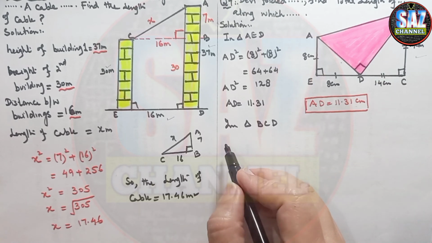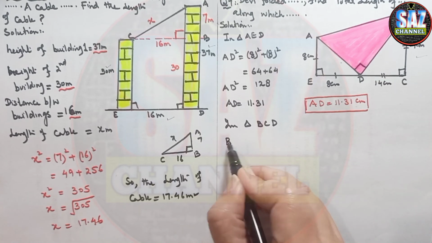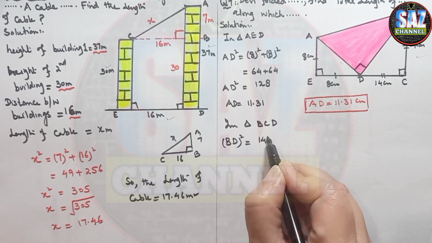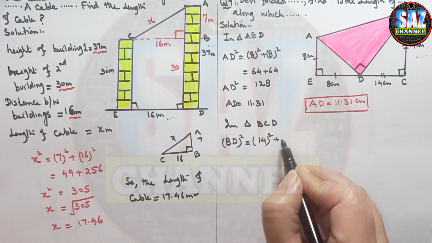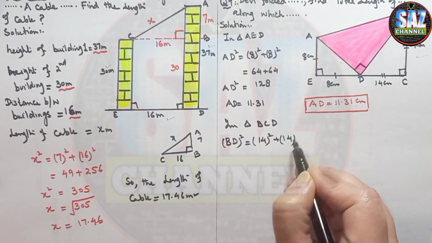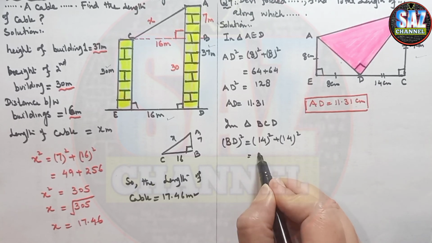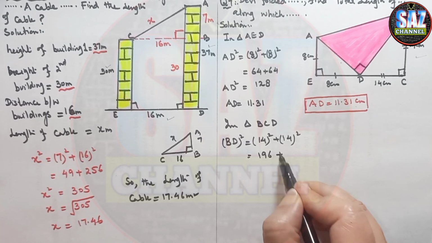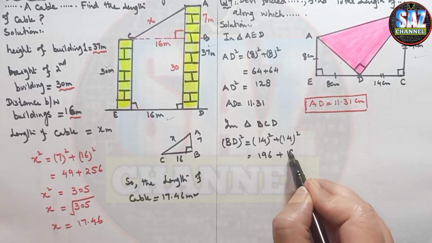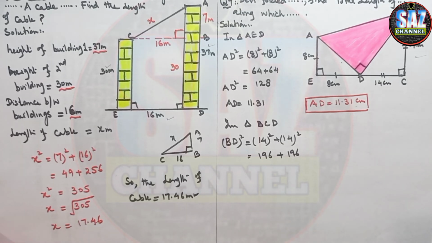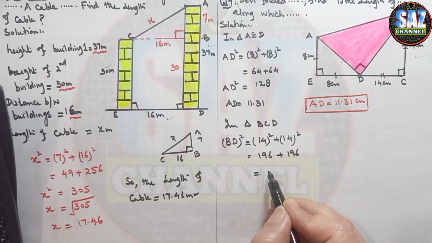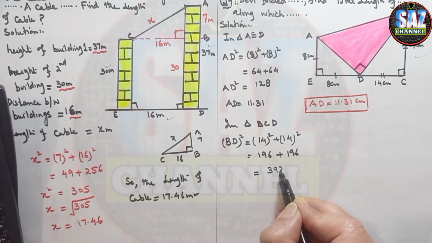So the Pythagorean equation will take the form BD square equals 14 square plus 14 square, that is 196 plus 196, which will give me 392.